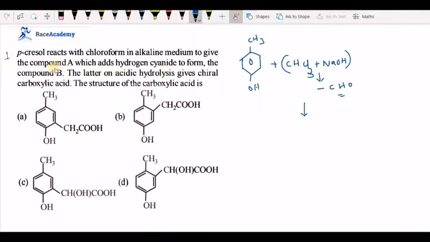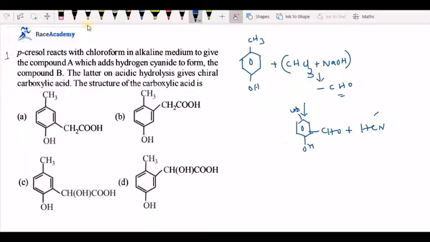That means it gives a compound which adds hydrogen cyanide. After this reaction, we will check with the hydrogen cyanide method. So here a CH3 is there, here OH, here we will get CHO. This is said to be compound A, and when it is treated with hydrogen cyanide, what will be the product?